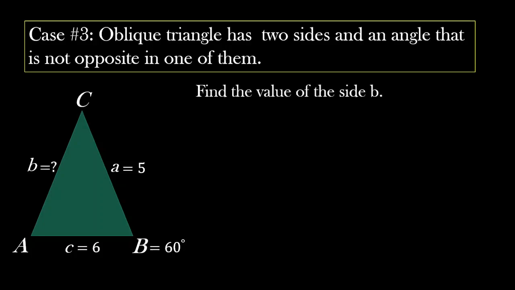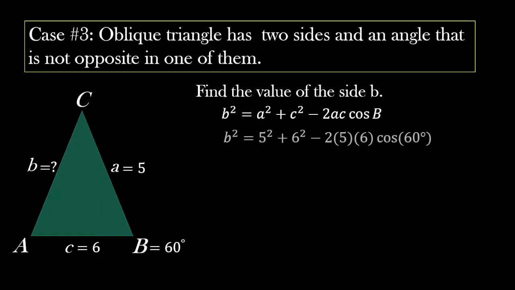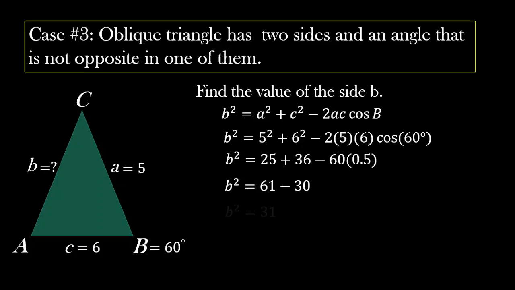We can use the formula b squared is equal to a squared plus c squared minus 2 times a times c times cosine B. Substitute the given values to the formula. We have b squared is equal to 5 squared plus 6 squared minus 2 times 5 times 6 times cosine 60 degrees.